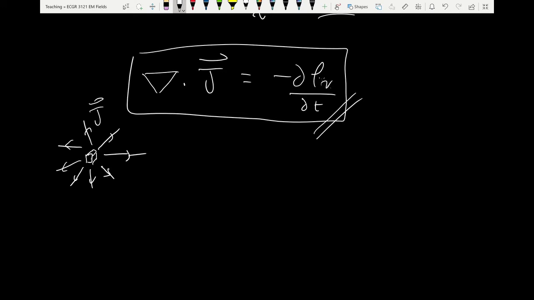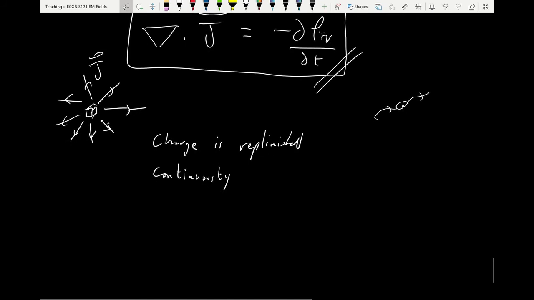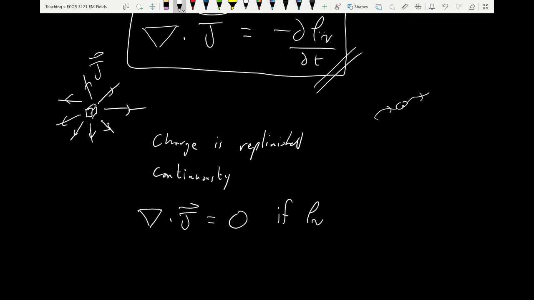Now, if we are in situations where the charge in a volume is replenished continuously, so you have a small volume and current is going out, but current is also coming in, so that the charge in that volume does not change, then we have this equation, divergence of J equals 0, if rho v is constant and does not change with time.